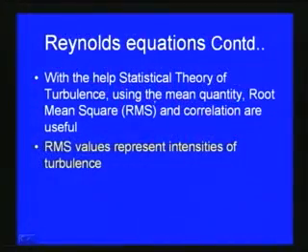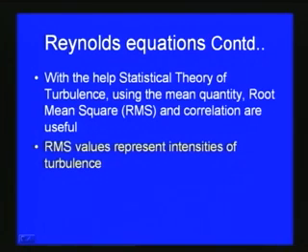Using the mean quantity, root mean square and correlations, we generally get a solution in the case of turbulent flow. So, the statistical theory is one of the fundamental theories used in turbulent flow solutions. Solutions means we want to find out the velocity components and pressure components at any particular time step and at any particular point which we consider.